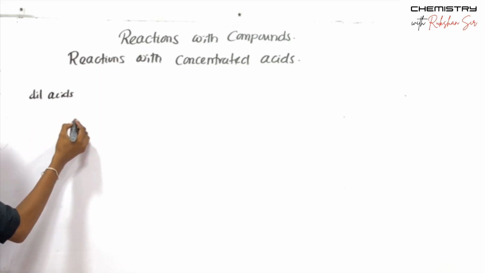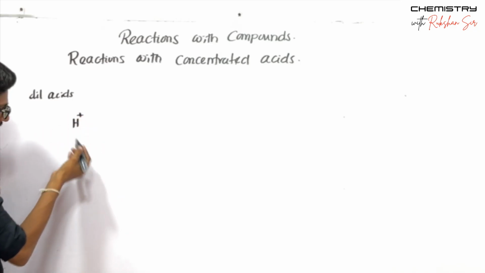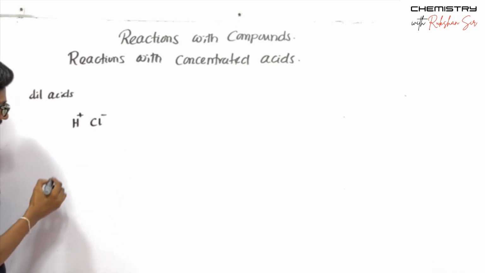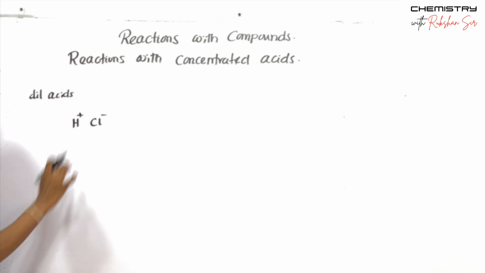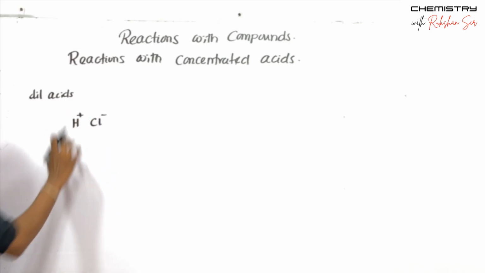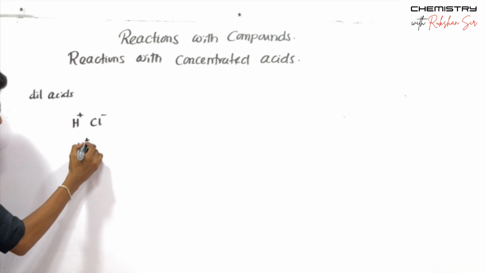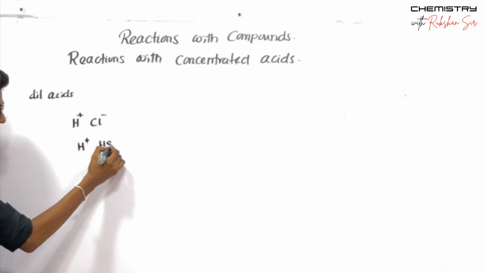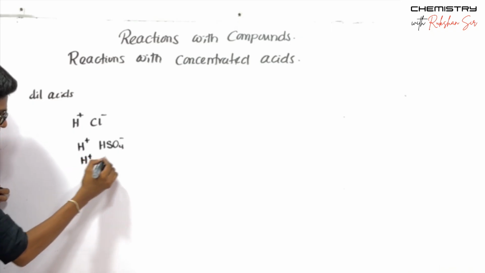With dil acids, if you are considering HCl, the H plus ions and Cl minus are two separate particles, completely dissociated. The bond between the H and the Cl is completely dissociated to give the H plus and the Cl minus. When it comes to H2SO4, those will be completely dissociated too, one can say H plus and SO4 2 minus.